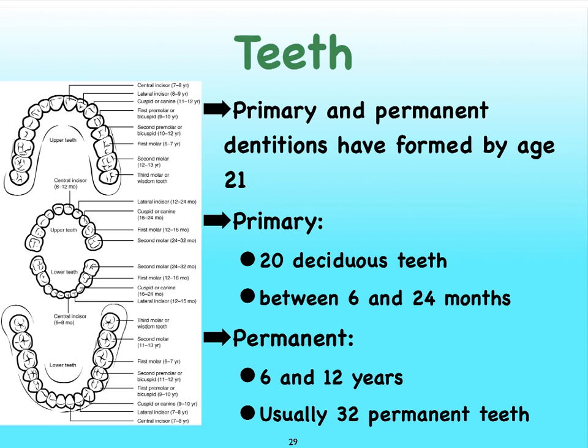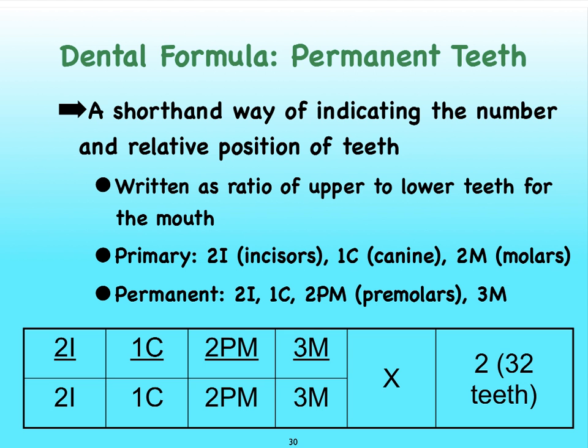Let's just focus on the permanent teeth, and if you go back to my discussion in the previous slide of how many teeth we have, you should have come up with a total of 32 permanent teeth based on how many there are in each quarter. And of course, that includes all of those molars.